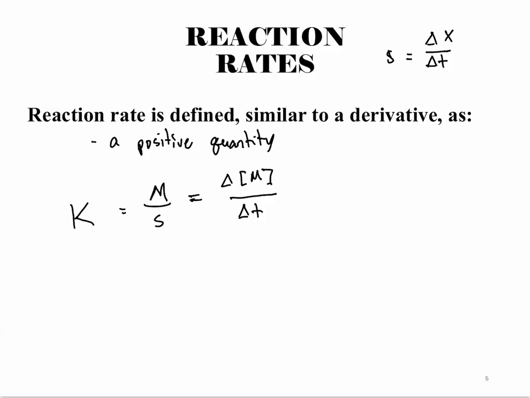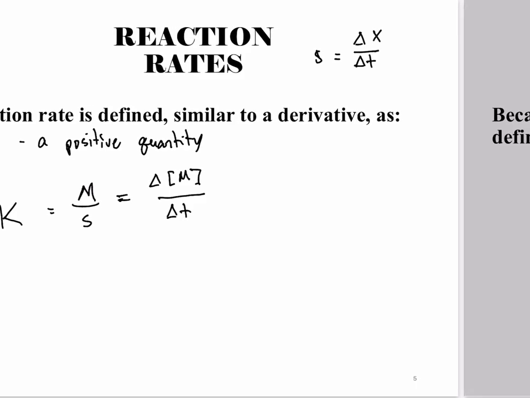Since it's a positive quantity, we may have to adjust what a reaction rate looks like, because going from reactants to products or products to reactants generally has direction, but reaction rates don't. In the same way that velocity has direction, you can have a negative velocity, but you can't have a negative speed.